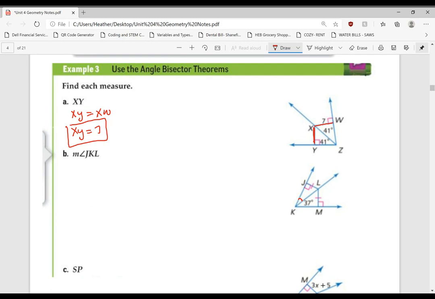So by the theorem, since KL bisects angle JKM, the measure of angle JKL is congruent to the measure of angle JKM. So the answer is 37. The measure of angle JKL is 37, since the measure of JKM is also 37.